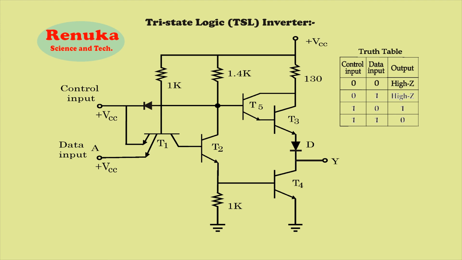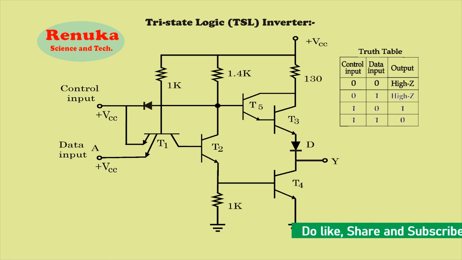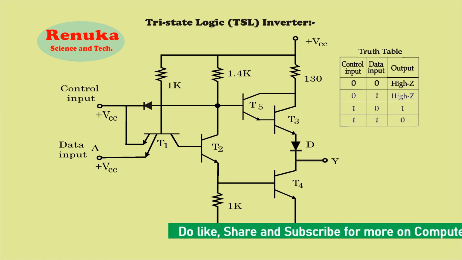Let us move to the upper circuit, that is transistors T5 and T3. As the drive is removed because the control input is connected to plus VCC, and the collector of transistor T2 is not dropping any voltage, all the voltage is sinking towards ground through transistor T2. So there will be no voltage available at the base of transistor T5.